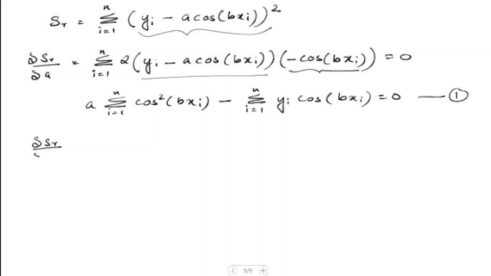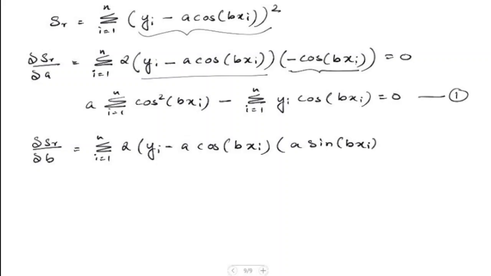Then when we differentiate partially with respect to b, we again get the summation from i = 1 to n of 2 times the function again, so yi minus a cos(bxi), times the partial derivative with respect to b, which is a times sin(bxi) times xi.